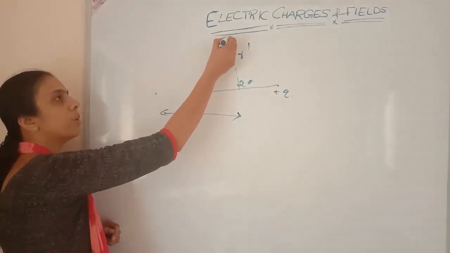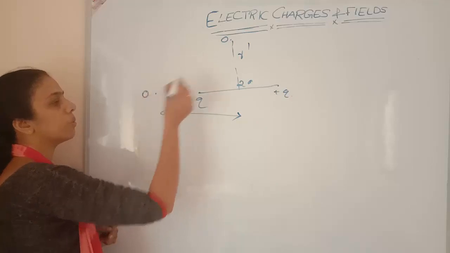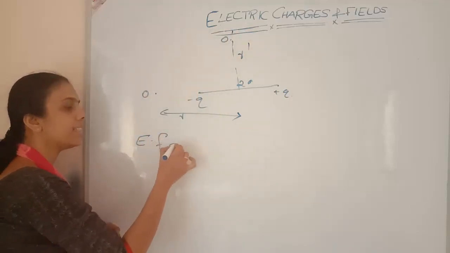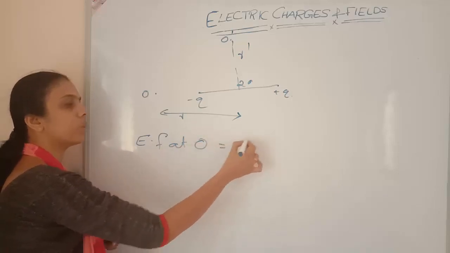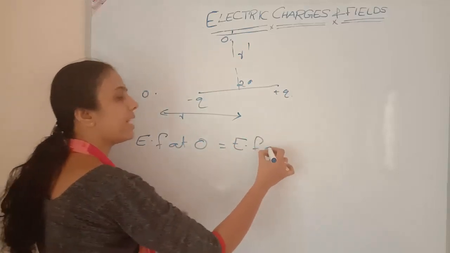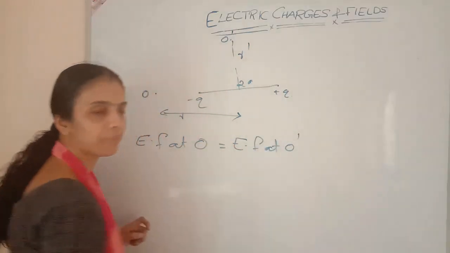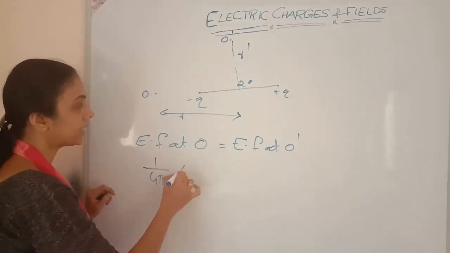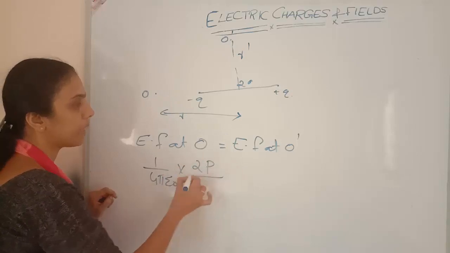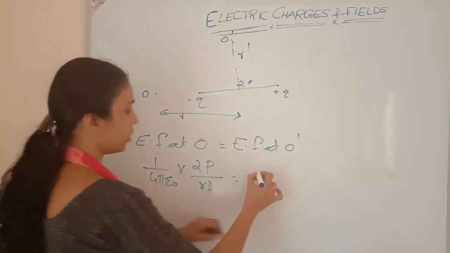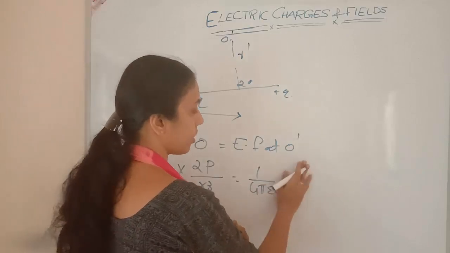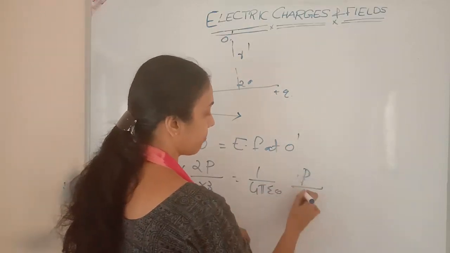Okay, so O and O dash I am representing. So electric field at O will be equal to electric field at O dash. What is the formula? 1 by 4 pi epsilon 0, on the axial line it is 2p by r cube, that will be equal to 1 by 4 pi epsilon 0 p by r cube.